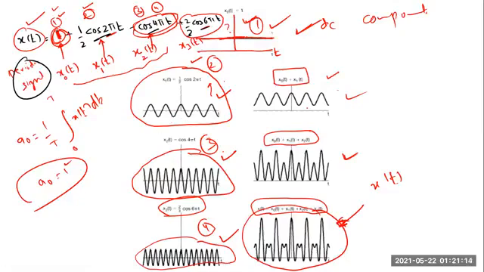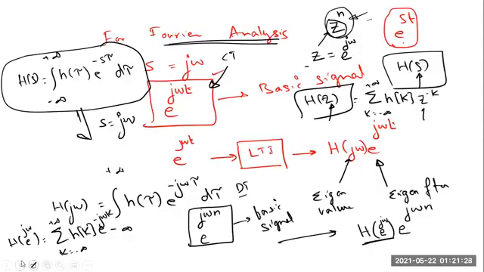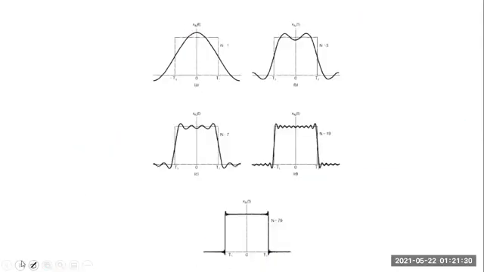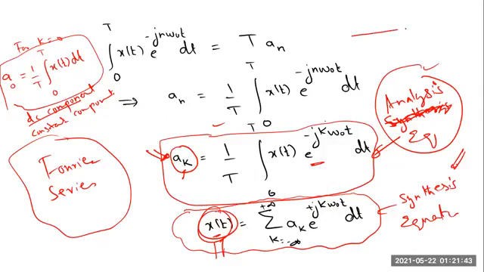But the important point is, in this example, I have plotted different components as a function of t. So along the x-axis, this is time. But when you plot this ak, and later on I will solve one example as well, when you find out values of ak with the help of this analysis equation, then you will plot those values along the x-axis with respect to k.